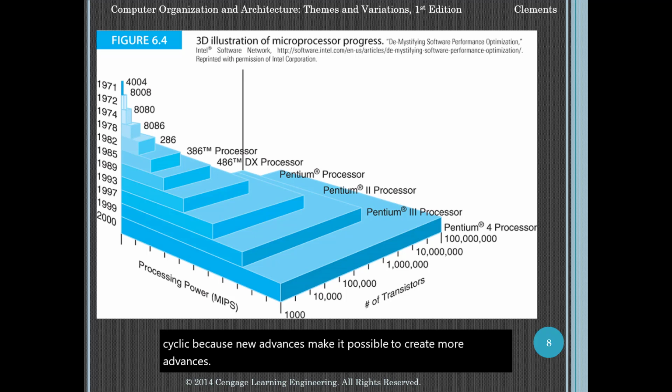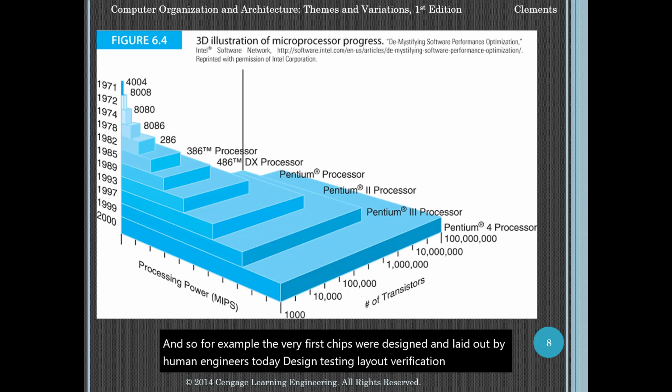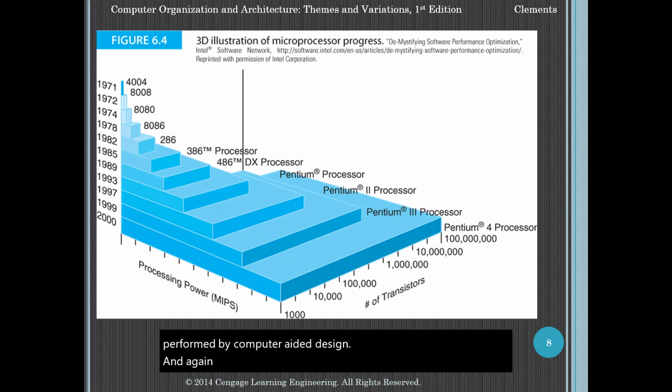And so, for example, the very first chips were designed and laid out by human engineers. Today, design, testing, layout, verification, it's all performed by computer-aided design. And again, Moore's law is not a law because Moore's observation has no basis in physics or the natural laws.